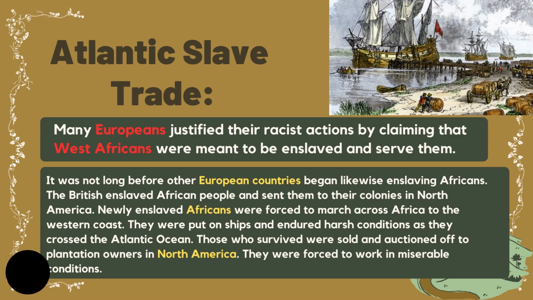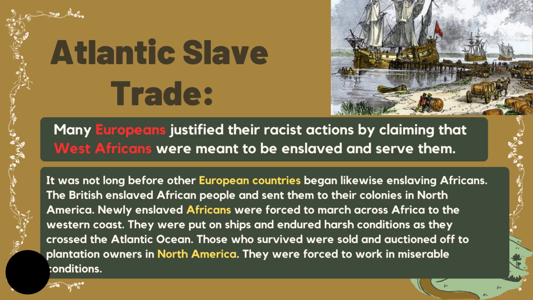In the Atlantic slave trade, many Europeans justified their racist actions by claiming that West Africans were meant to be enslaved and serve them. It was not long before other European countries began likewise enslaving Africans. The British enslaved African people and sent them to their colonies in North America.